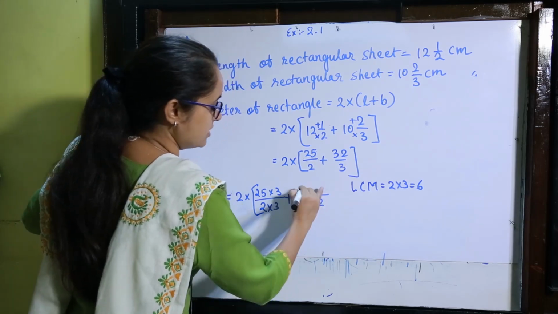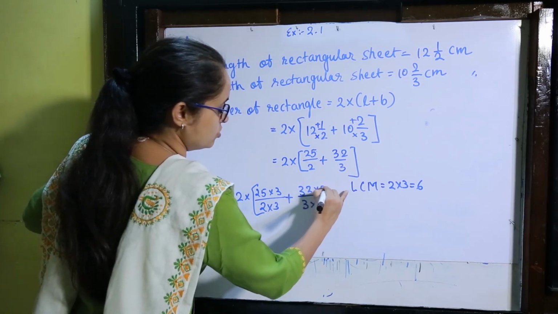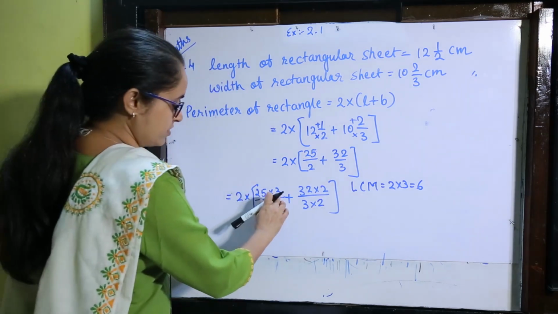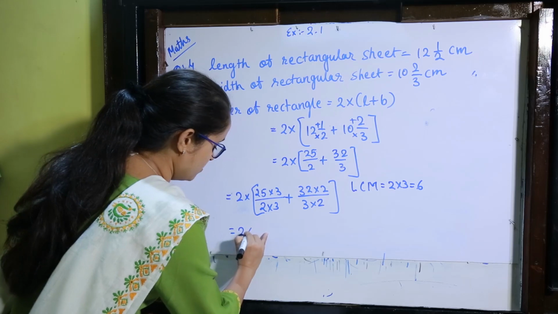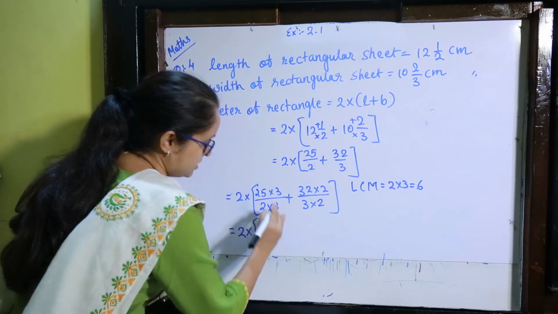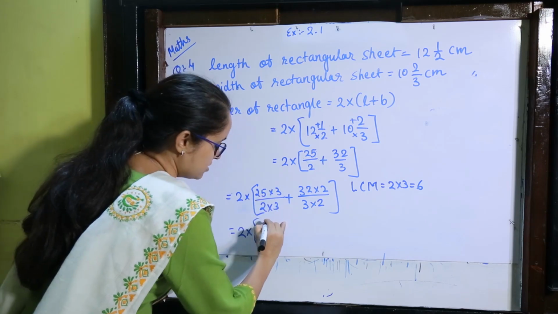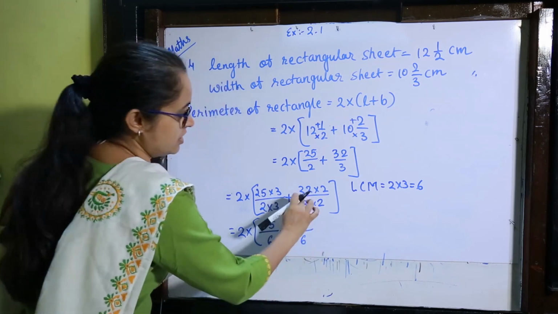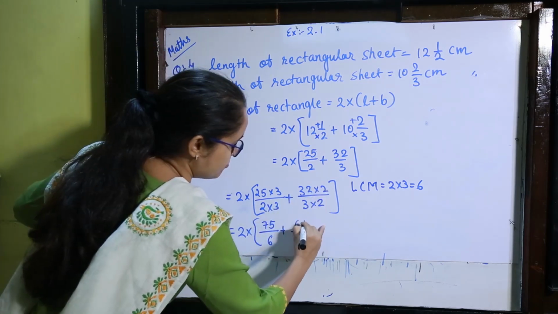So 3 2s are 6 and 32 2s are 64. Now 25 3s are 75. The 2 multiplication will always remain here. Here 6, here 25 3s are 75, plus below also 6, and 32 2s are 64.